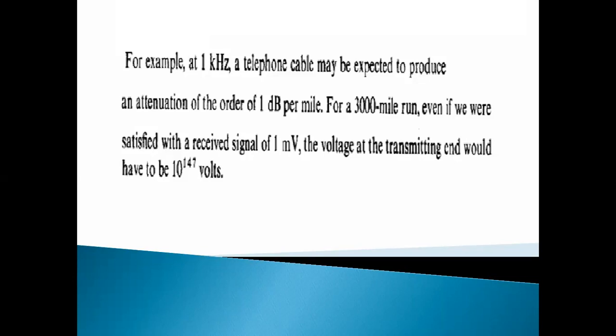So for that, the solution is that at the transmitting end there should be a 10 to the power of 147 volt signal, and then the received signal will be 1 millivolt only. That is a huge amount of voltage to be applied at the transmitting end.